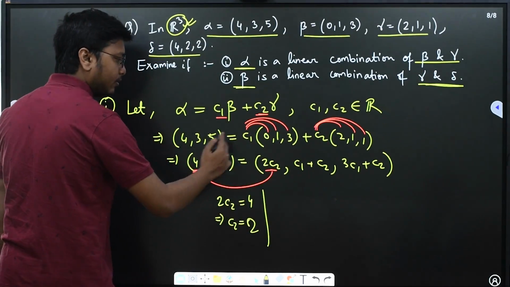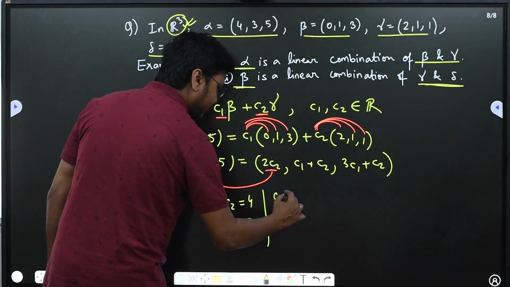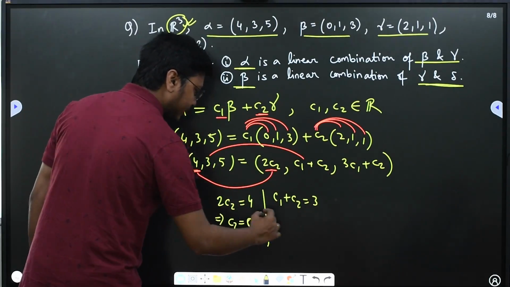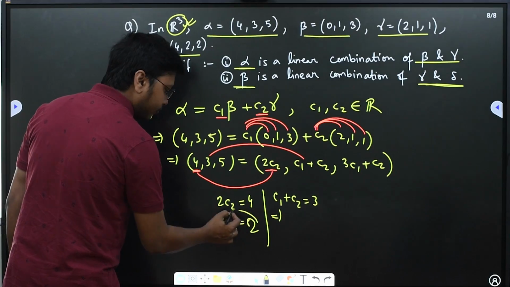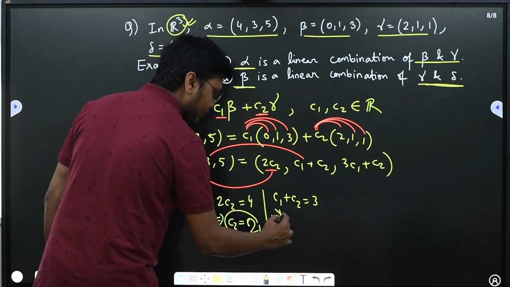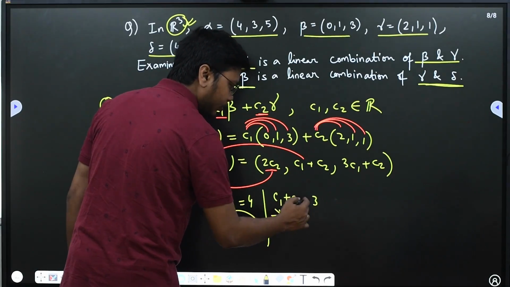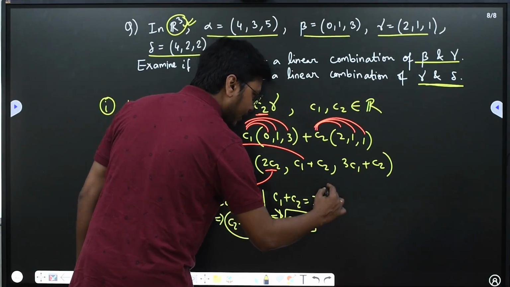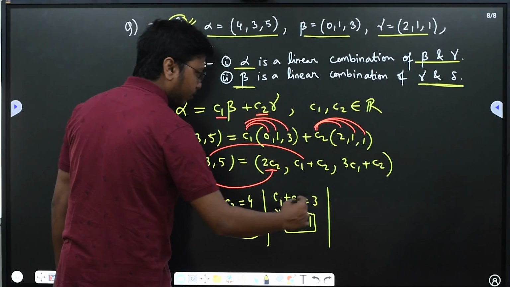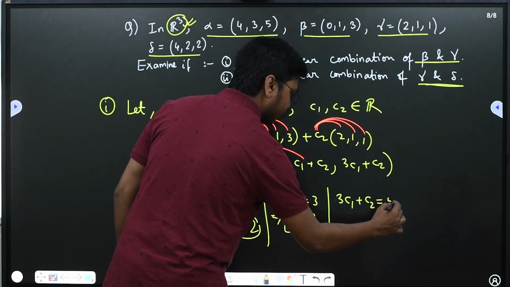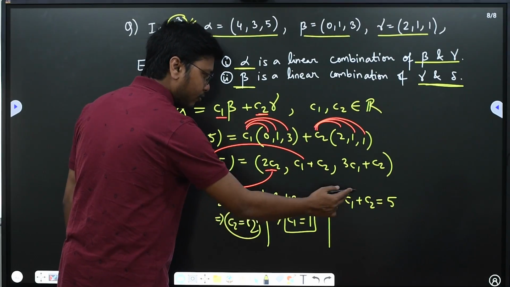Similarly, if I compare the y coordinate, I would get C1 plus C2 equals 3. I'll just plug in the value of C2 that I've got over here, so C1 would be 1. And finally, comparing the z coordinate, I will have 3C1 plus C2 equals 5.